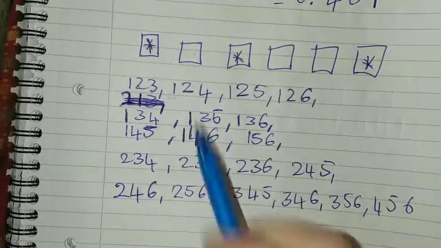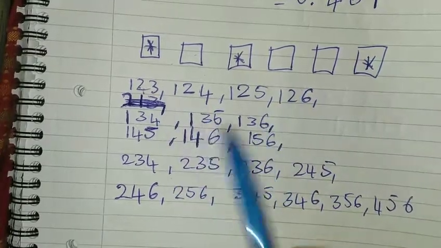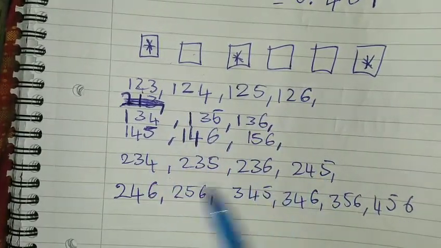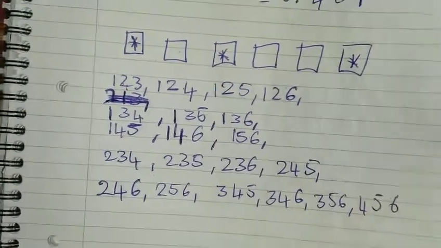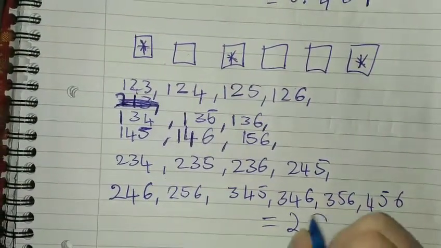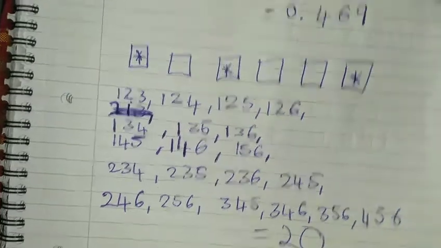So I'll just count how many. That's 1, 2, 3, up to 20. So there's 20 different ways that the bank could ask for the certain digits.